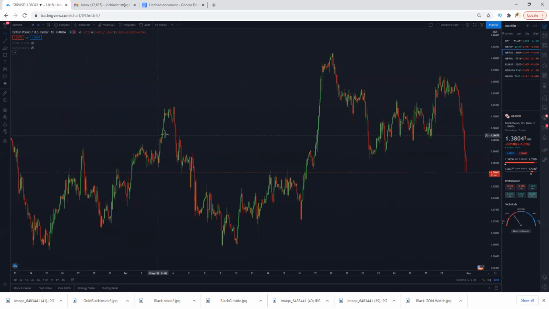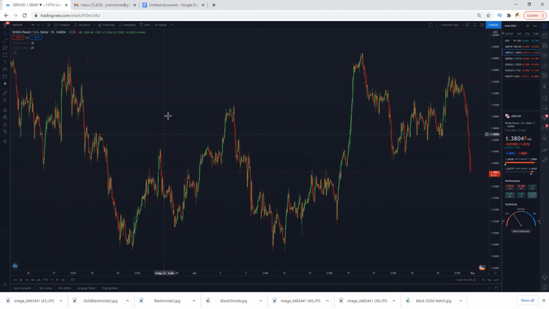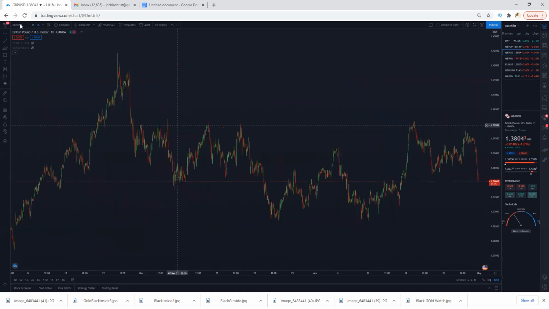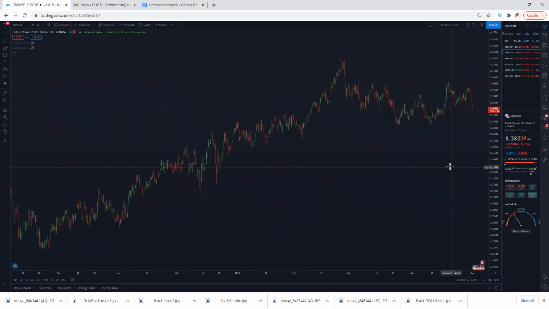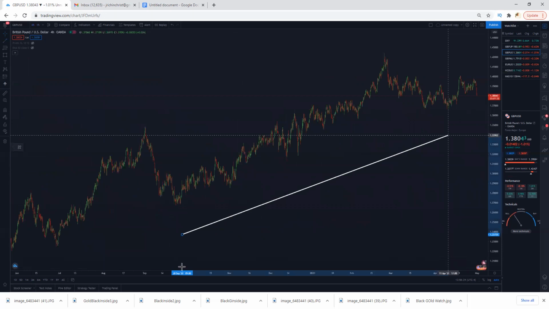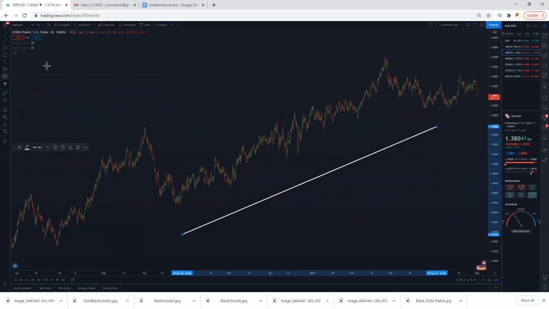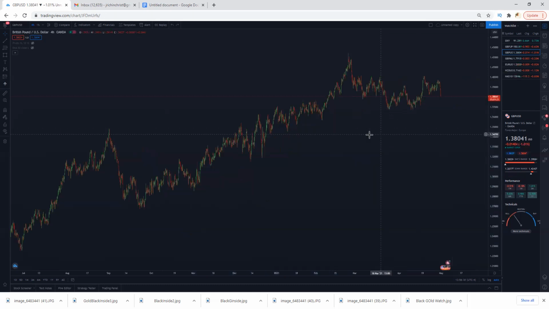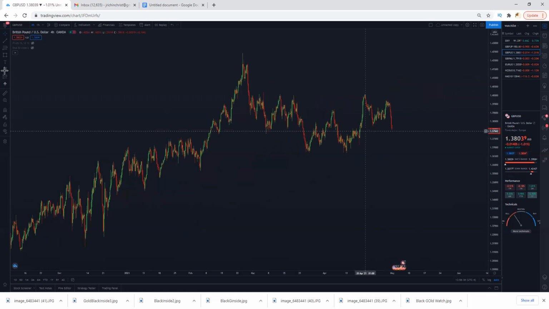So I want to start with GBP USD and the trade that I caught. Now we can obviously see on the 4-hour time frame that GBP USD has had very strong upward movement, so technically we should be looking for buys, correct? Now I've noticed there has been some bearish momentum here, and I know a lot of people have probably been selling this.